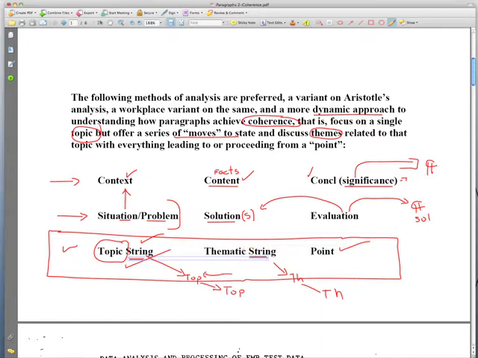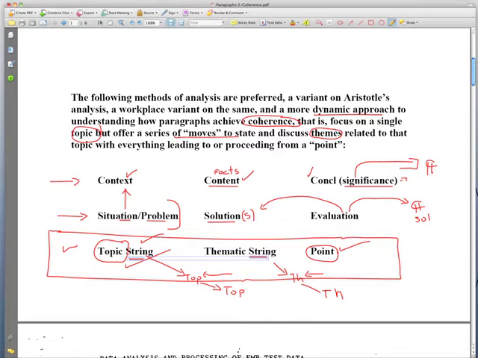These are words or phrases that you can point to, and I use the word point because eventually there's a point sentence. The point sentence occurs either at the beginning or at the end. It's quite simple. Either we state our point and then we develop it with topic and thematic strings, or more often we state a topic, we develop it with themes, and we make our point at the end. The more common paragraph has the point sentence at the end.